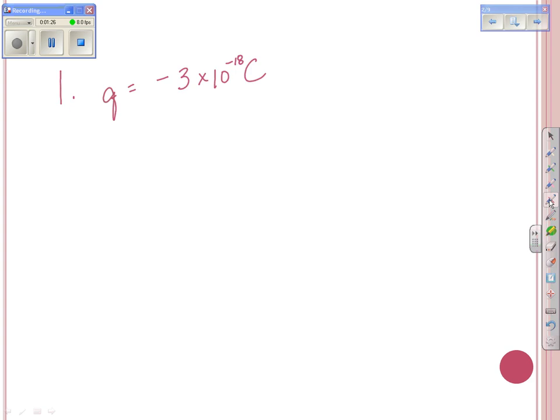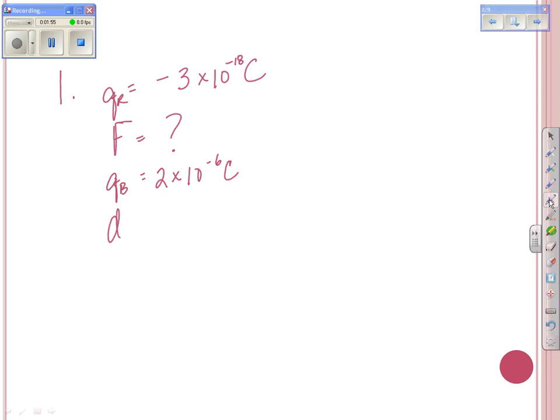I'm looking for a force of attraction when the raindrop is 6 centimeters from the bulb on the end of a car antenna that has a charge of, so we have a second charge. This is of my raindrop and this is of my bulb. Our second charge is going to be 2 times 10 to the negative 6 coulombs.